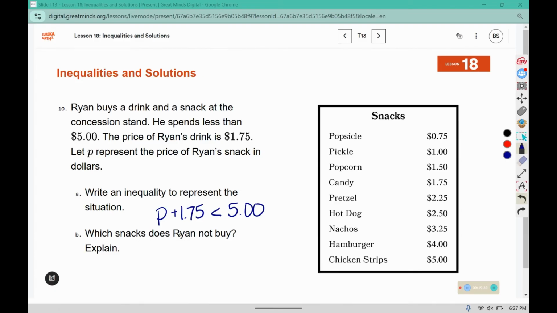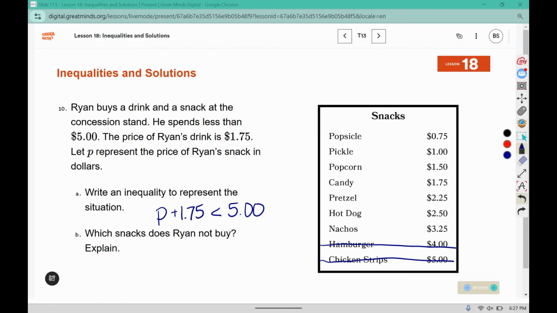Which snacks does Ryan not buy? Explain. Well, he can't buy chicken strips, because that would already be the maximum amount of money he has. And he can't buy a hamburger, because $4 plus $1.75 would be too much.